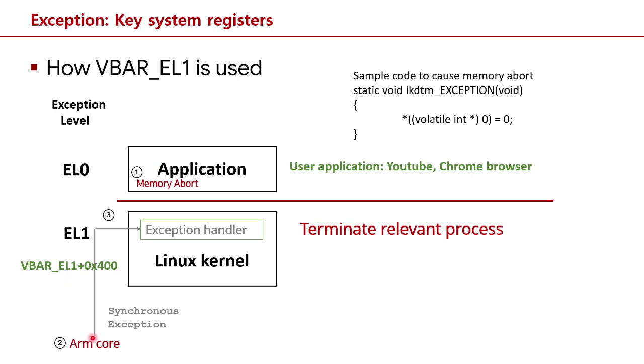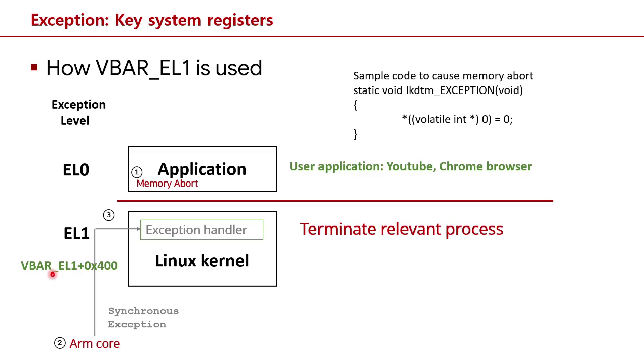As the second step, the ARM core handles the exception by branching to the exception vector address. During this operation, the ARM core refers to the value of the VBAR_EL1 register. So this is how exceptions work in the Armv8 architecture.